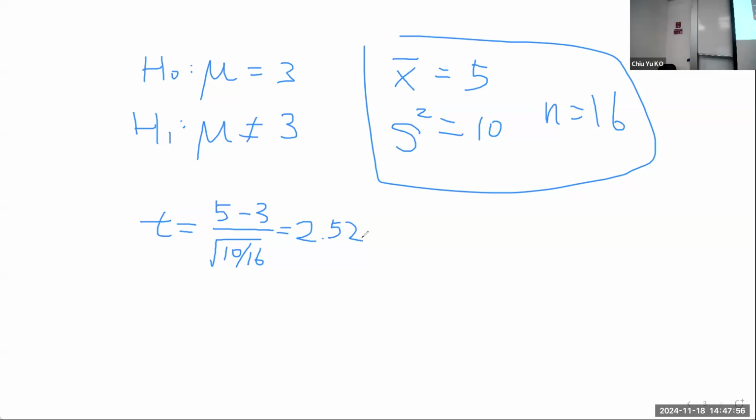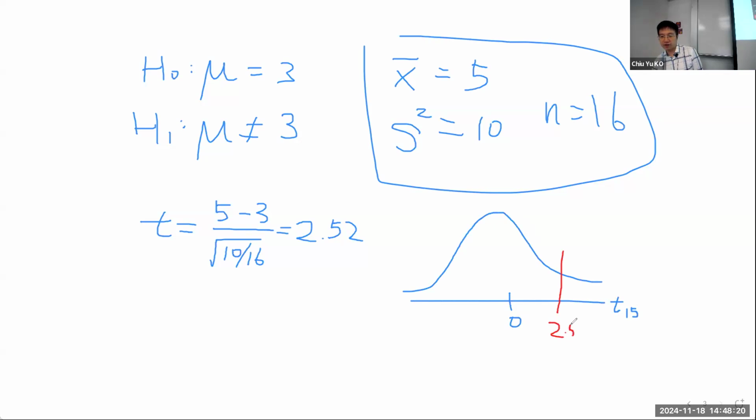So you ask me the p-value. How do you do it in Excel? Always start by drawing the graph first. It's a t distribution with 15 degrees of freedom, 16 minus 1, and 0 is here. The bell curve is like this, and this is 2.52.